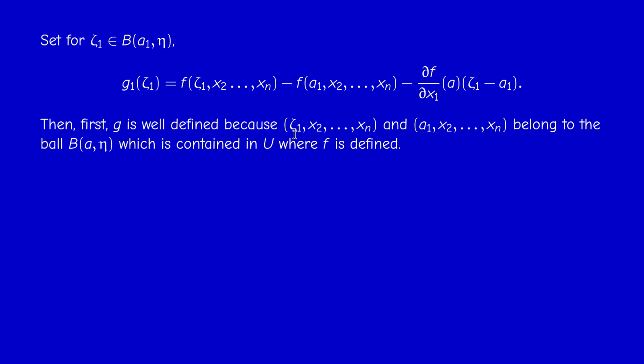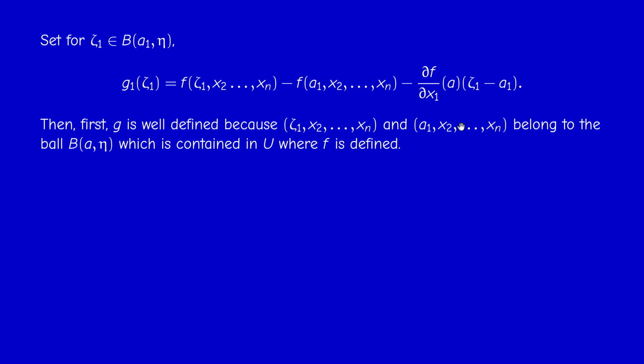So I get the maximum of the norm of zeta1 minus a1, which is less than eta. Second is x2 minus a2, which is less than eta. So the maximum, or the norm between zeta1, x2, ..., xn and a1, a2, ..., an, etc. is less than eta.